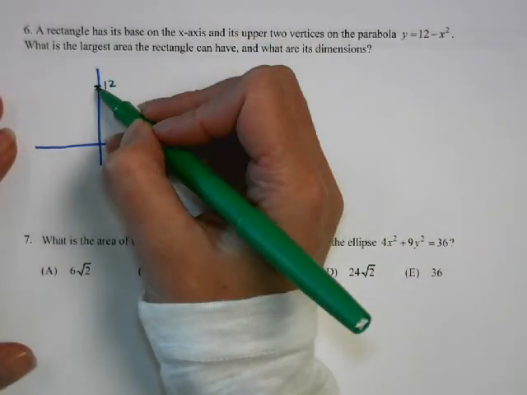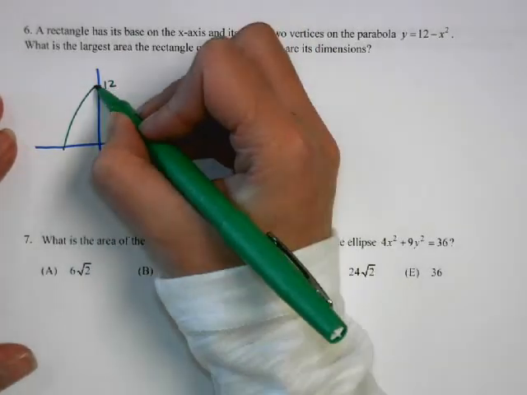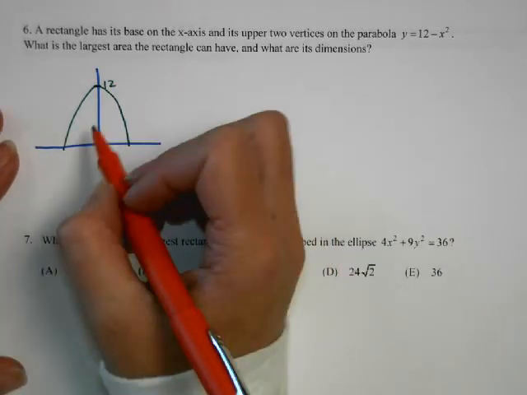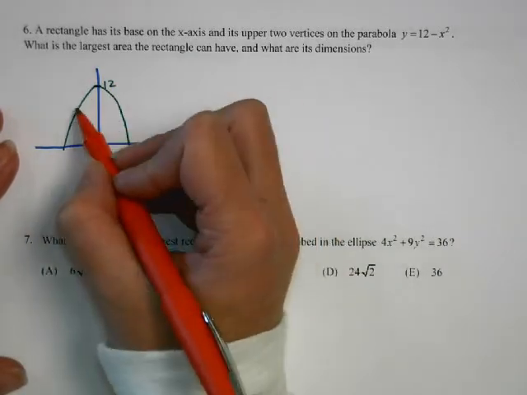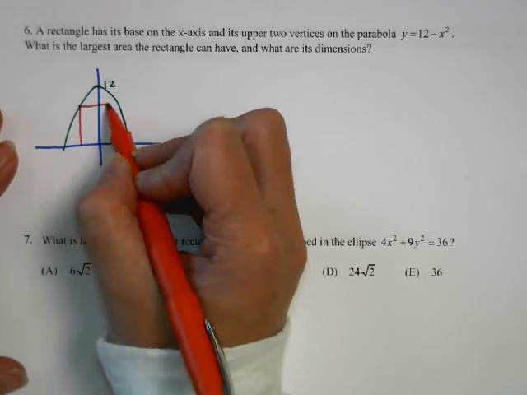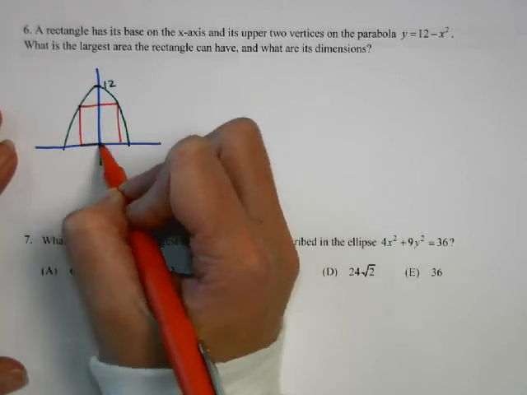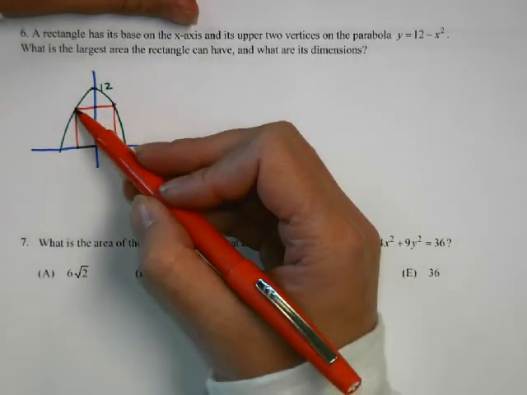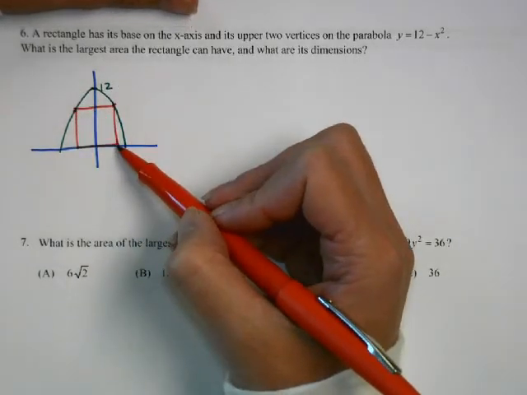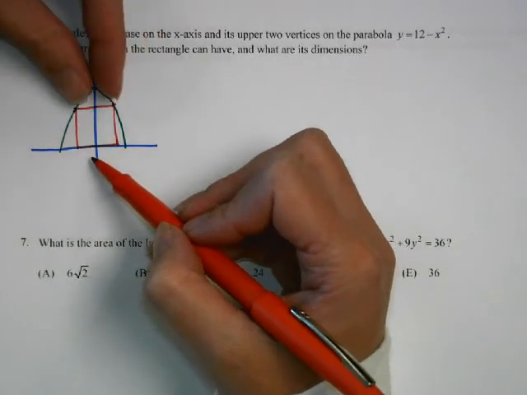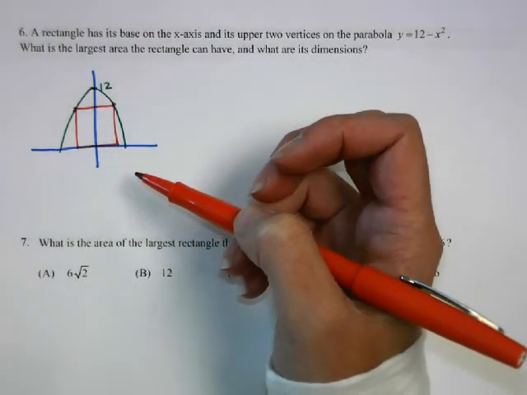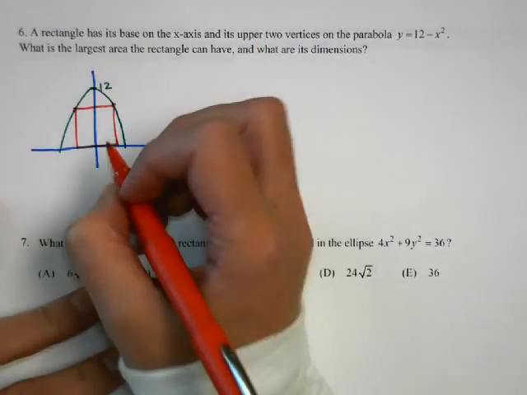So here's 12, so we're just going to draw this parabola. And we're looking to make a rectangle whose base is on the x-axis and whose vertices lie on the parabola. Okay, so depending on where the x is, you can have a real skinny and tall one or a fat and short one. Somewhere in there is one that has the biggest dimensions.